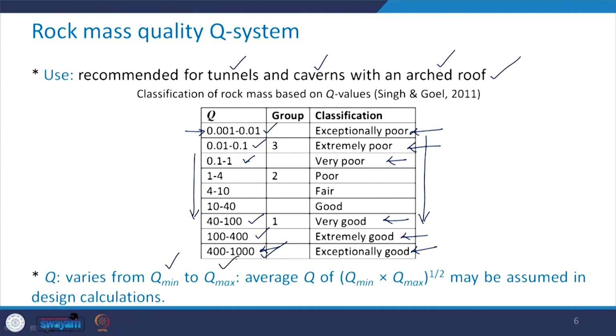In that case, the average value of Q which should be taken is equal to the square root of Q minimum into Q maximum. So, this value of Q should be used in the design calculation.